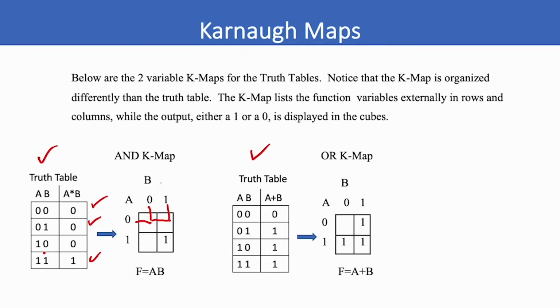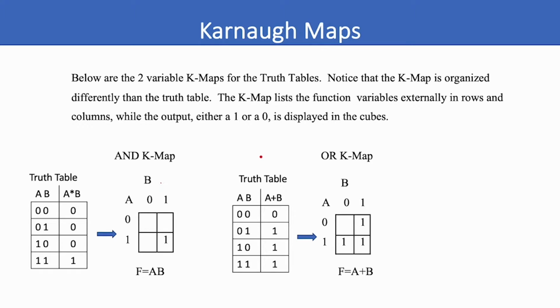Where A is a 1 and B is a 0, that occurs right here. And when both are 1, that occurs right here, 1, 1. Okay, so again, the Karnaugh map is just another pictorial representation of the truth table with the inputs around the outside and the outputs inside the cubes inside the Karnaugh map.